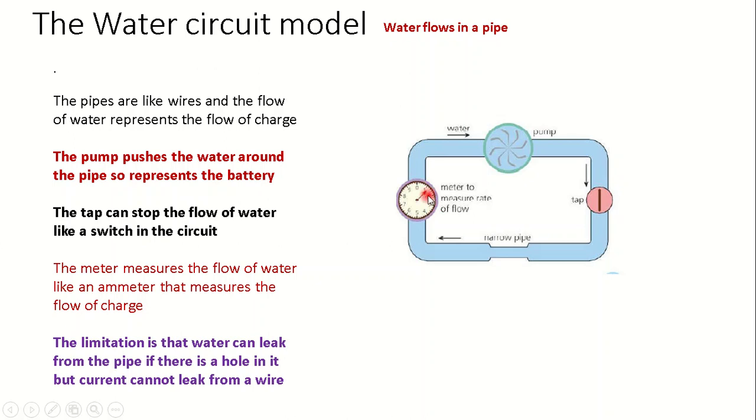The meter here measures the flow of water, so it actually represents an ammeter that measures the flow of charge. The limitation in this case is that the pipe can burst and water will flow out through the opening. But in the case of a normal circuit, even when the wire is broken, charge cannot leak away from the wire.